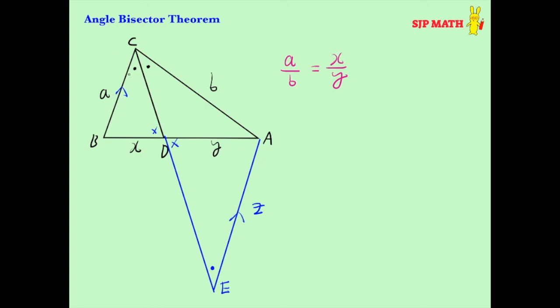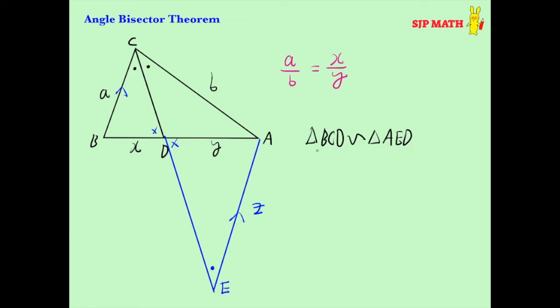So two of the interior angles of triangle BCD are equal to two of the interior angles of triangle AED. And this conveys that triangle BCD is similar to triangle AED.